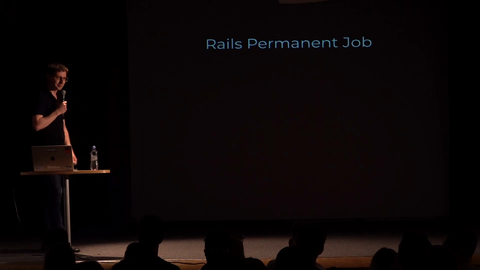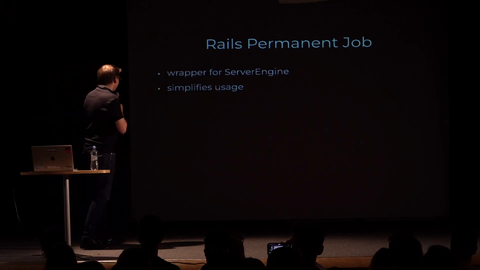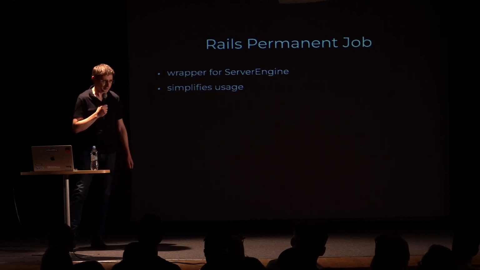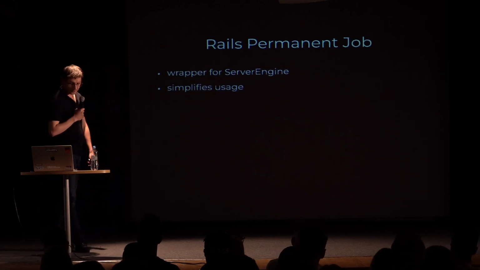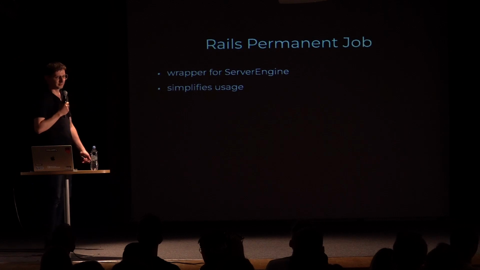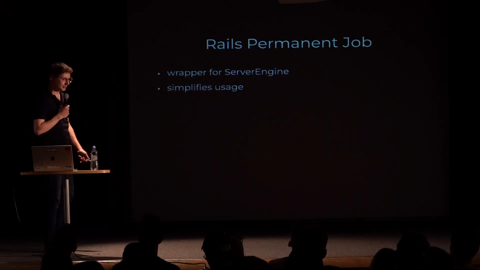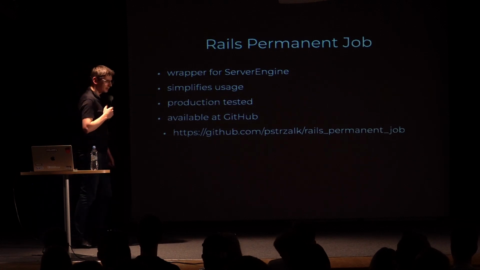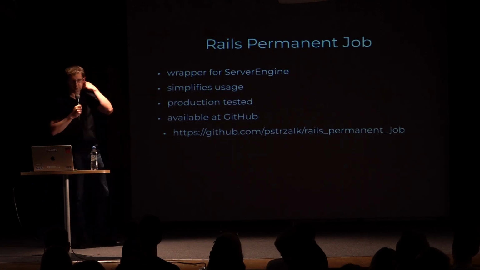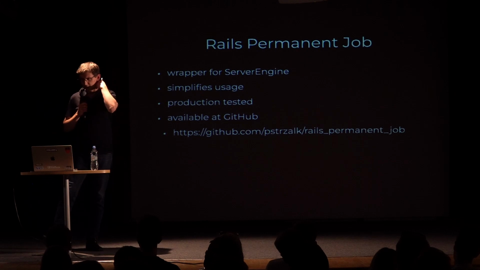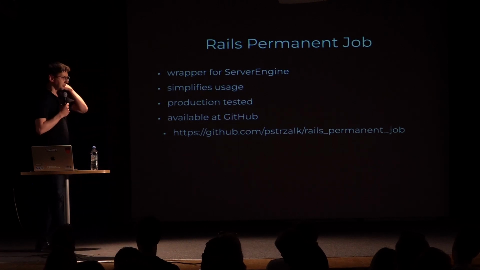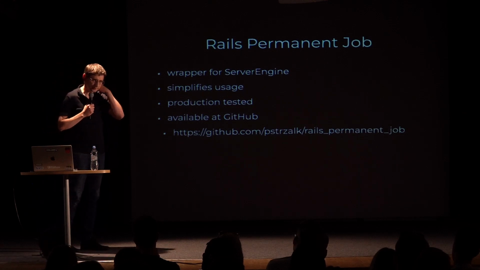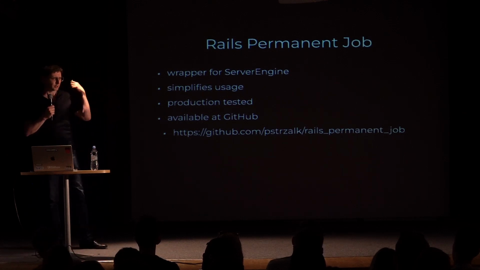here comes Rails permanent job. It's a wrapper for ServerEngine so that we don't have to think about how it works. It just simplifies the usage so that all of you can run similar things. It's production tested. I've been running it for several months in production, and honestly, everyone has forgotten that it exists.